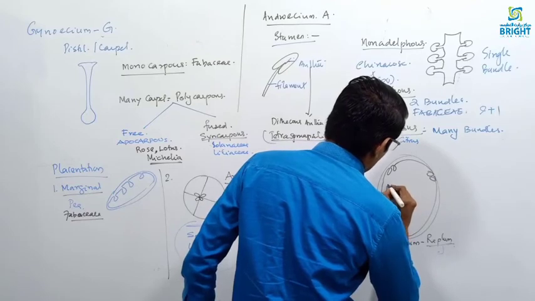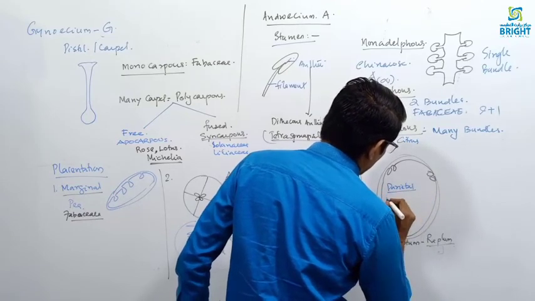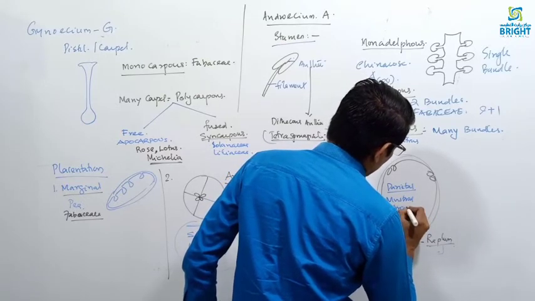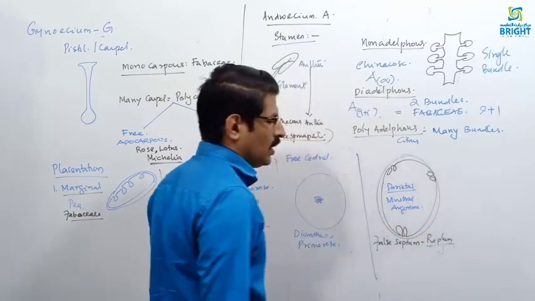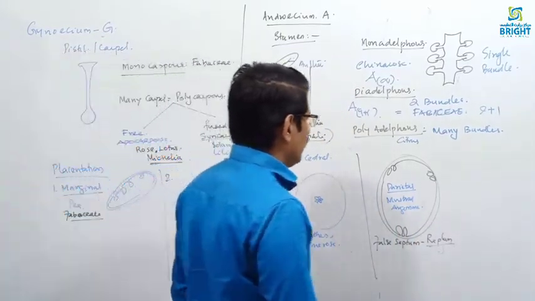This type of placentation is called parietal. And two examples, very important: mustard and Argemone.